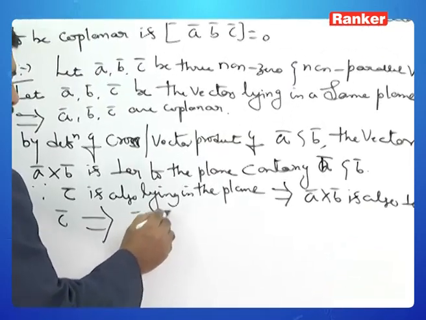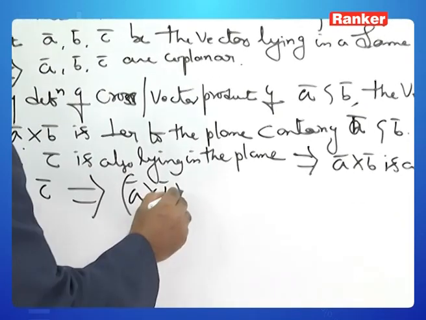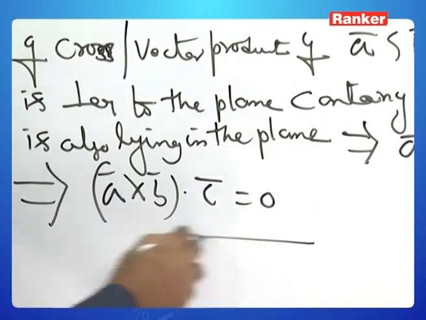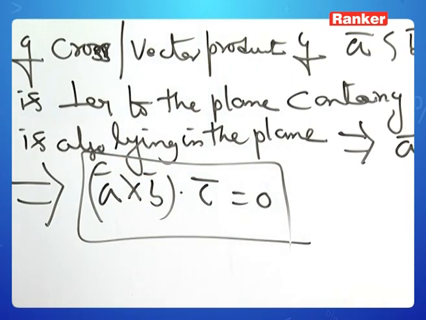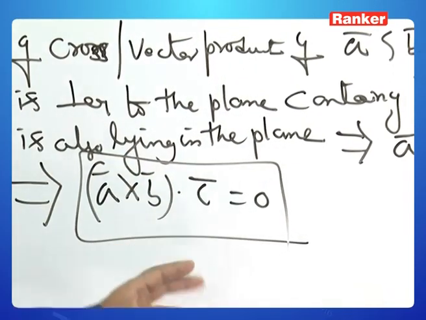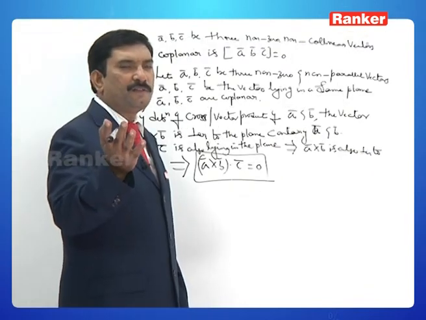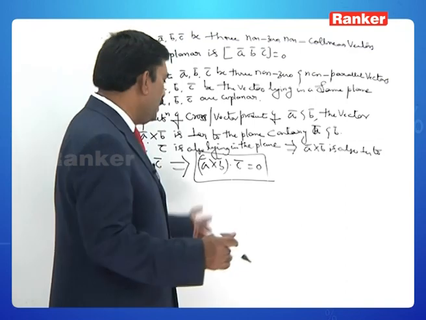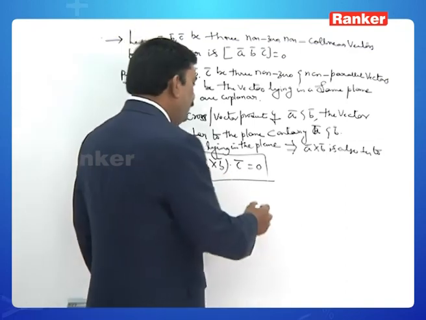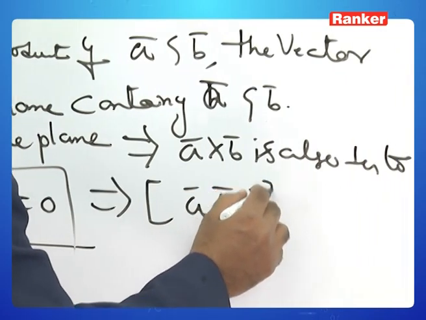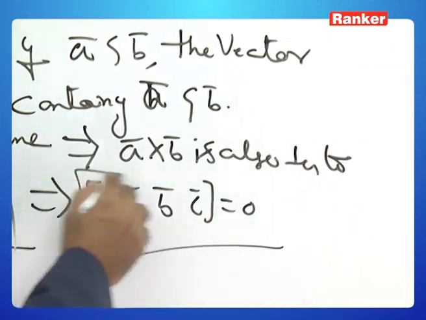A bar cross B bar is one vector, C bar is another vector, and they are perpendicular, so the dot product is 0. Nevertheless, this is nothing but scalar triple product. A cross B dot C bar, which implies I can write box of A bar, B bar, C bar is equal to 0.